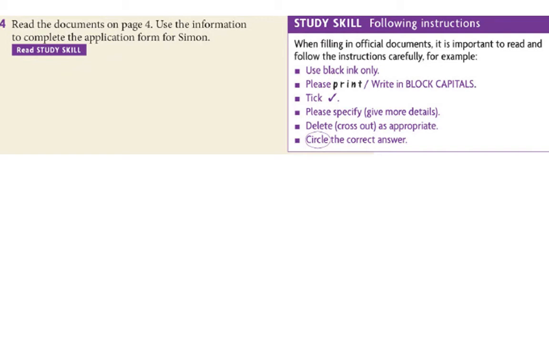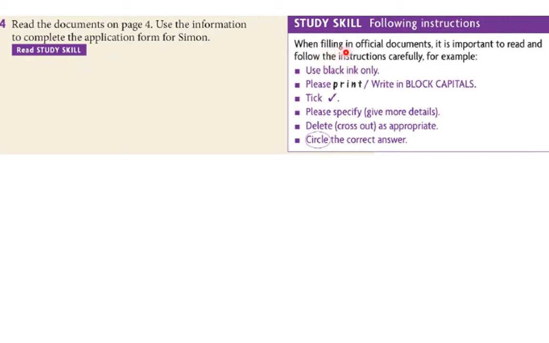And also we can see here there is a reference to the study skill, and we can find the same on page 5. There is a box that includes the study skill, which represents the aim of this part, which is following instructions.